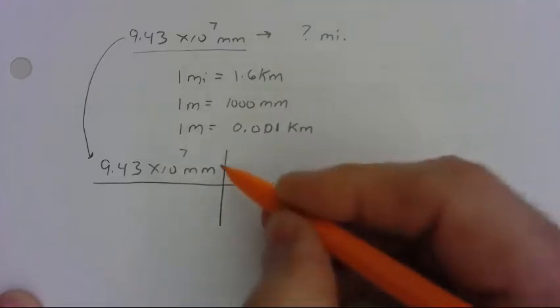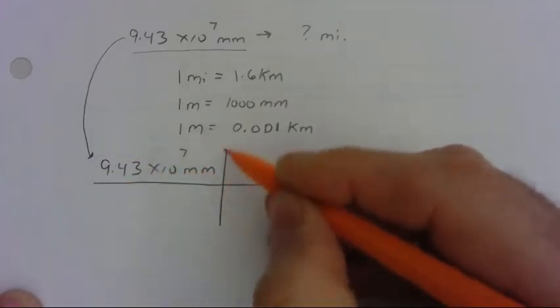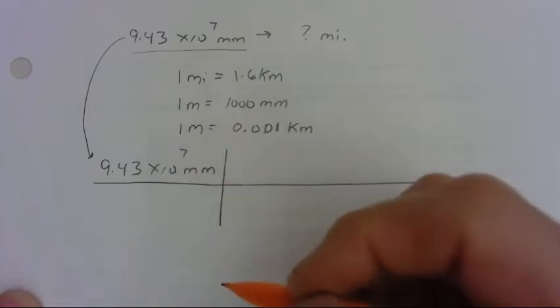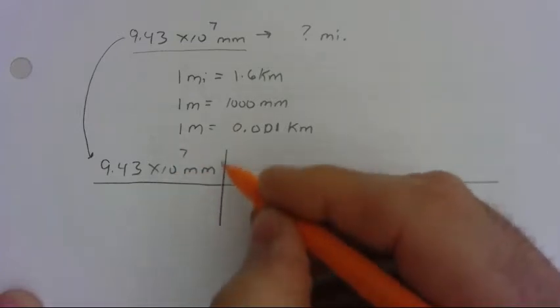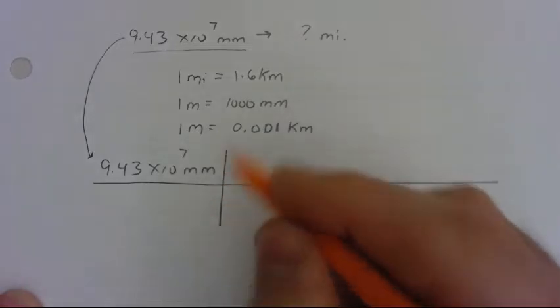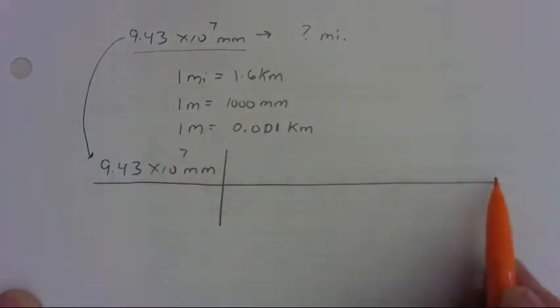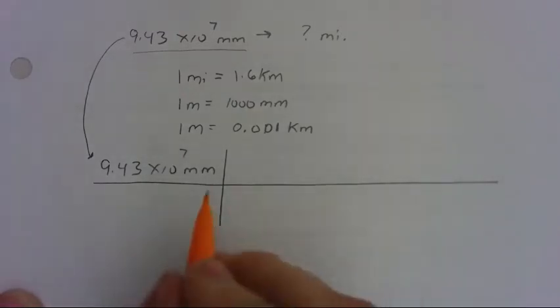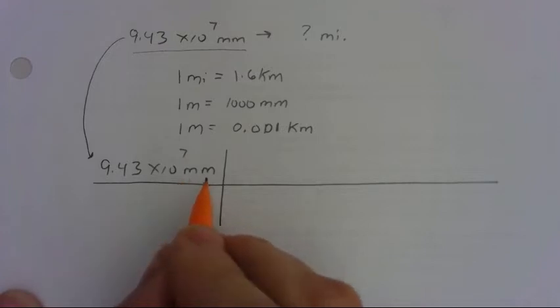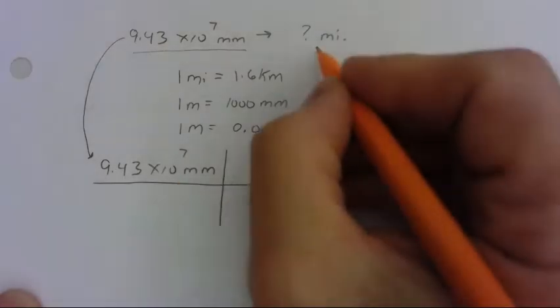Now remember, each one of these things that the vertical divides is a cell. You have a top cell and a bottom cell, and the vertical lines represent multiplication, and the horizontal line represents division.